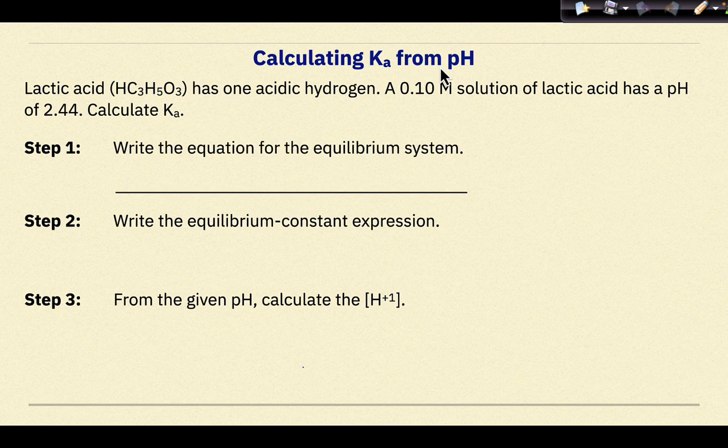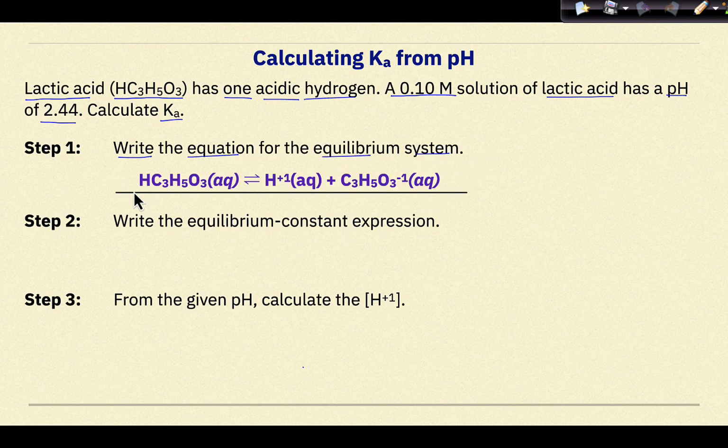Calculating Ka from pH. Lactic acid, HC3H5O3, has one acidic hydrogen. A 0.10 molar solution of lactic acid has a pH of 2.44. Calculate Ka. Our first step is to write the equation for the equilibrium system.